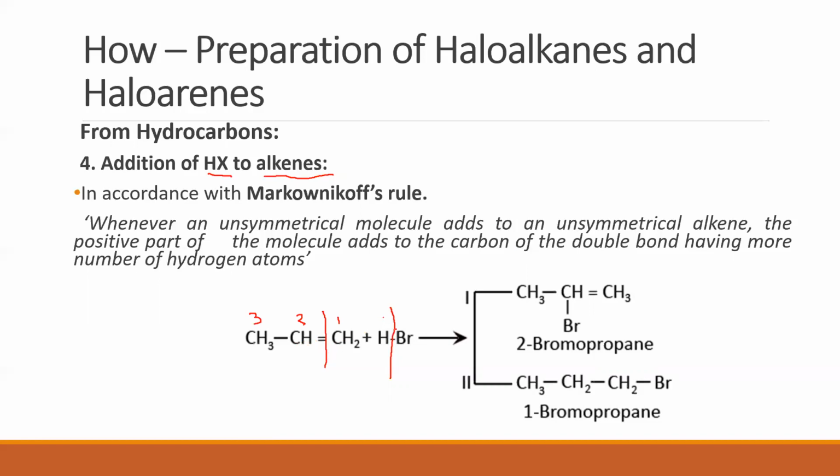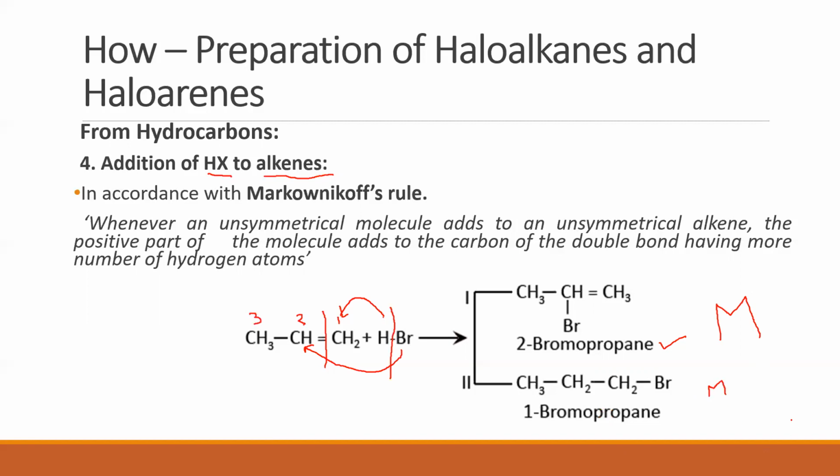Yes, of course, 1. So hydrogen will add to this carbon. If hydrogen adds to the first carbon, bromine will add to the second carbon, giving us 2-bromopropane. This will be the major product.